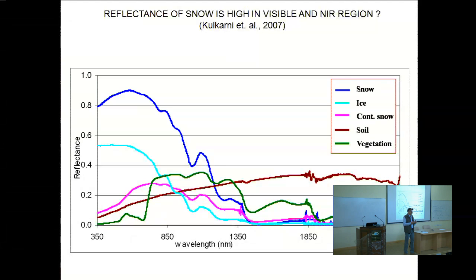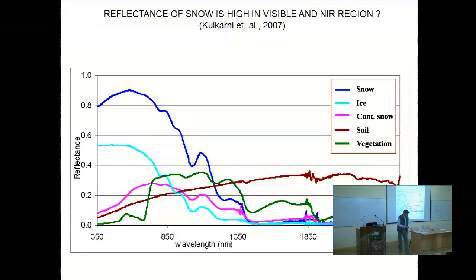All modern satellites now have spectral bands in green, in red, in near infrared, and we have a SWIR band which is around 1300 to 1500. So we have a band where reflectance is maximum over here, and you have spectral reflectance around 1500 nanometers, which is very low there.